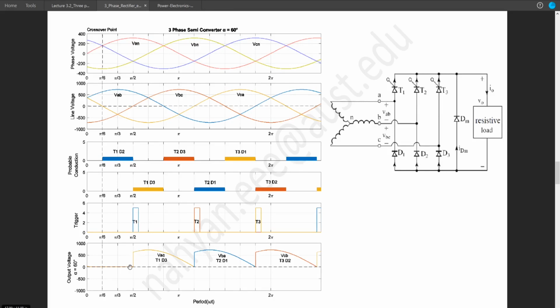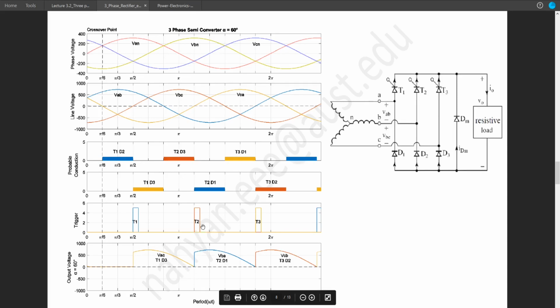From that moment on, T1 and D3 is on, and T1 will be turned on until T2 is triggered. So we will have VAC because of T1 and D3 from this portion to this zero crossing portion.